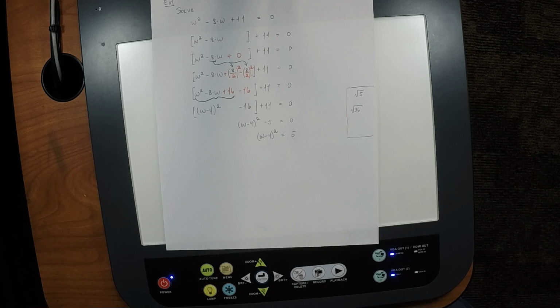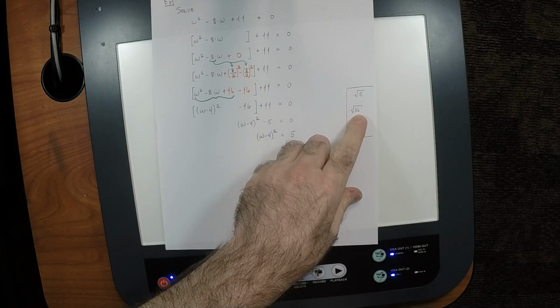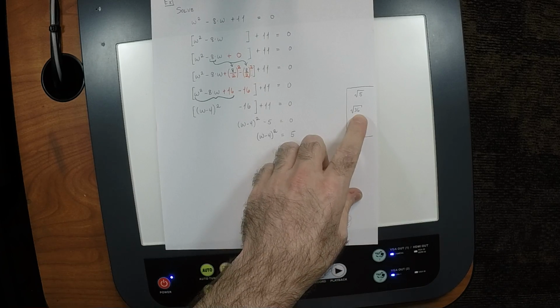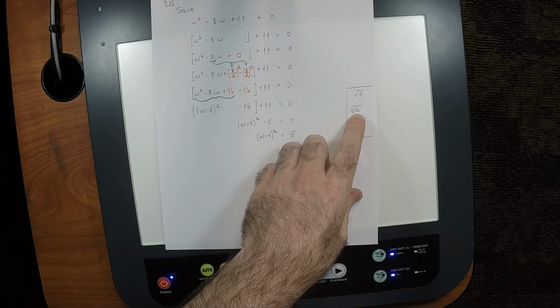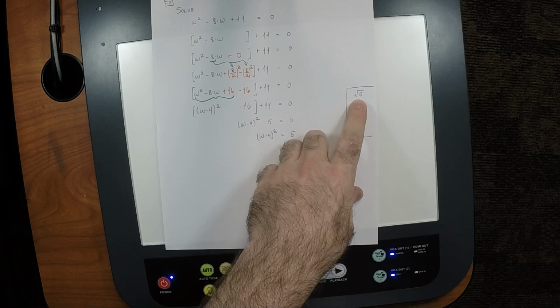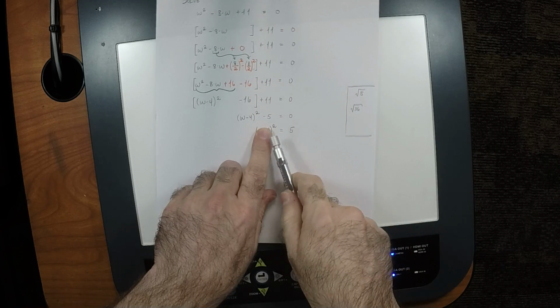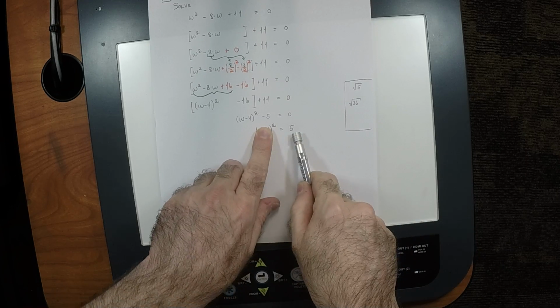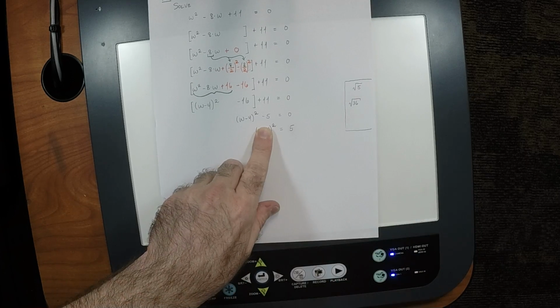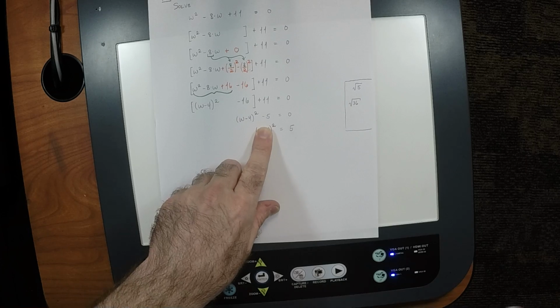When square root of 36 is written on the page, that sort of student wants to immediately write equals 6. But it's not a command, it's just a name for this thing. So the square root of 5 is a number. I'm asking, what do we need to square so that we'll get 5? And the answer is square root of 5.